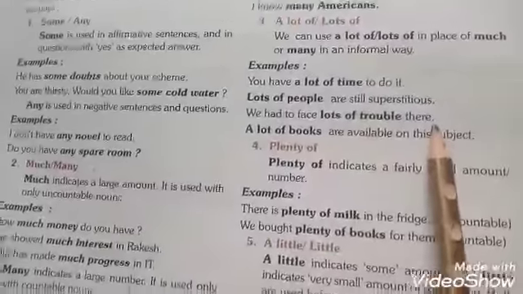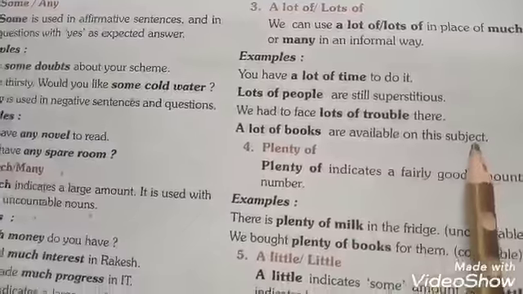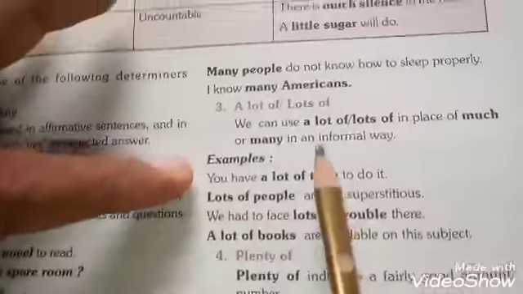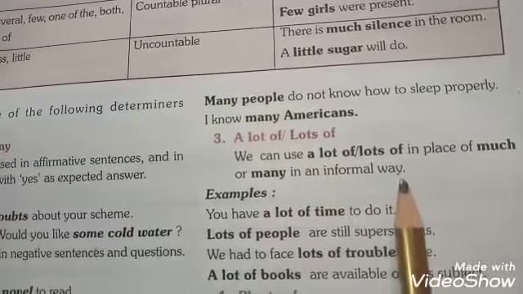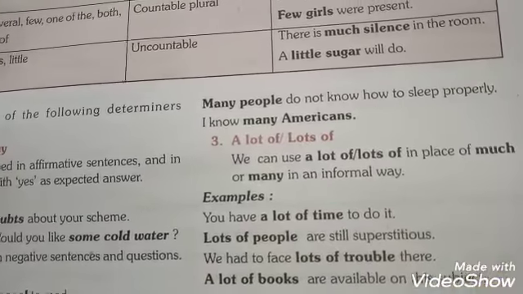We had to face lots of trouble there. Lots of books are available on this subject. So these examples will make you aware where we should use a lot of or lots of. The way should be informal and they are generally used in place of much and many.